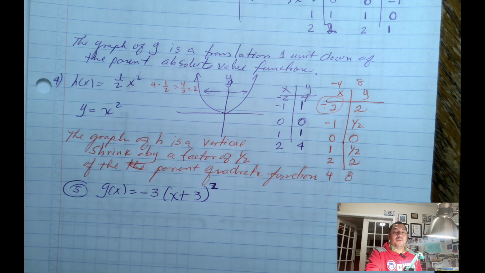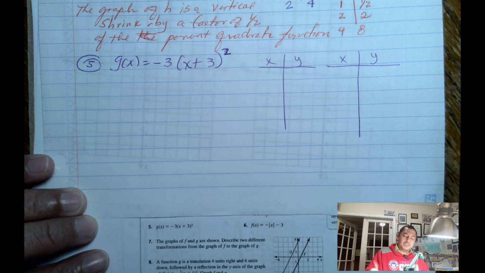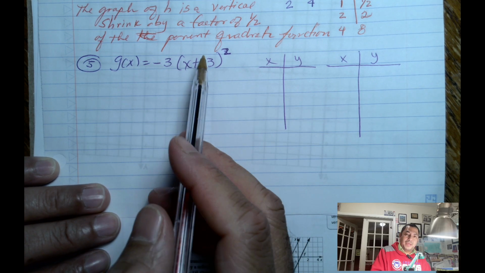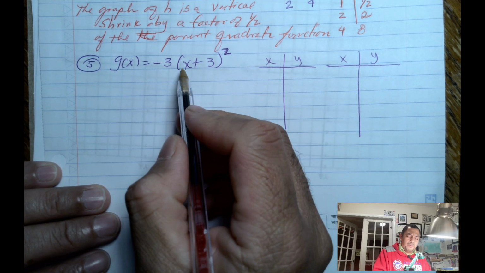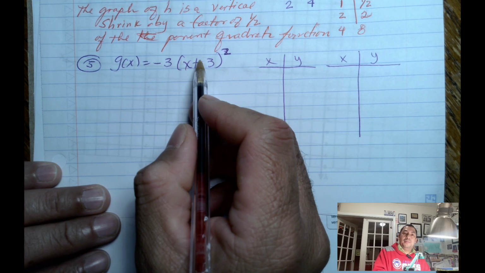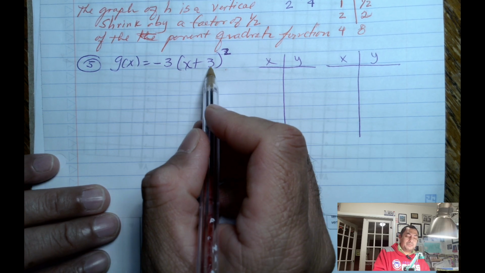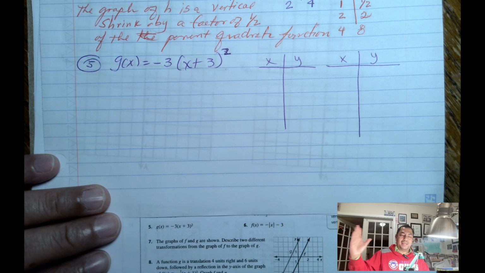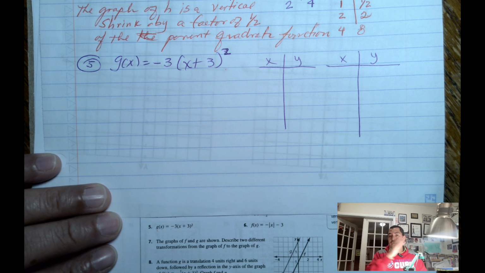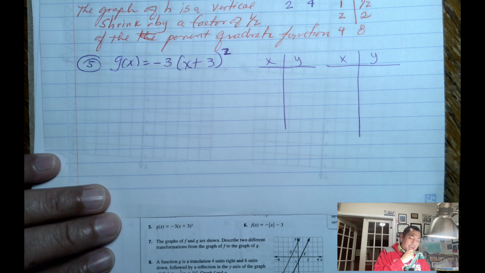Okay, so now as we can see in this problem, there is a transformation inside the x, because before we had x squared plus 3, now we have (x + 3) to the second power. So it's going to be a movement in the x-axis or the horizontal line.